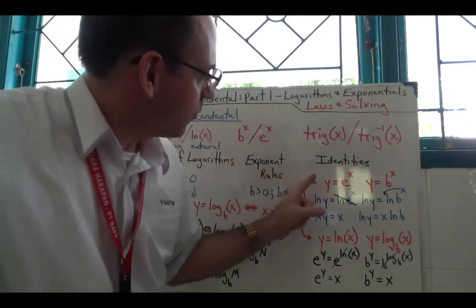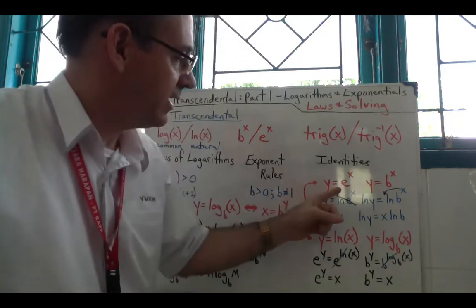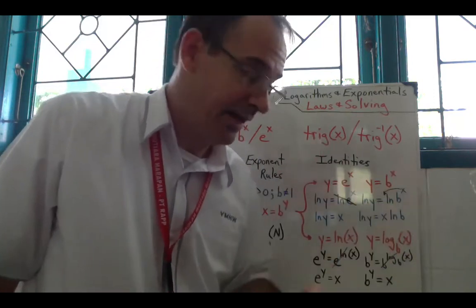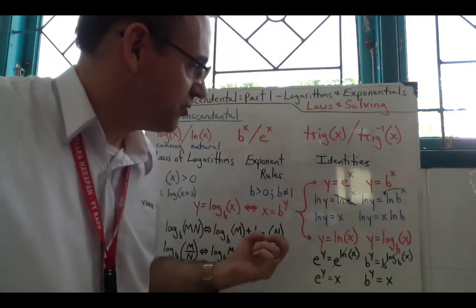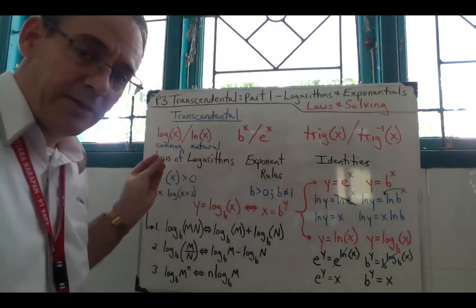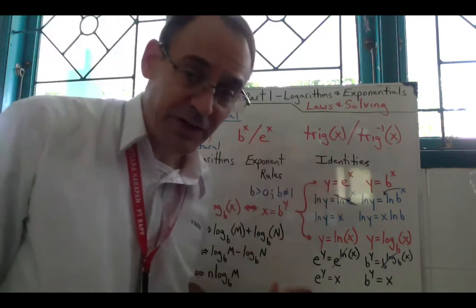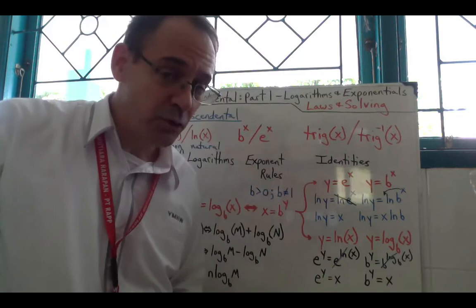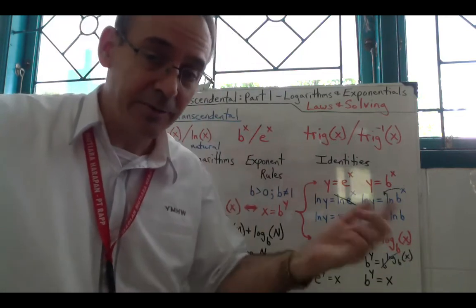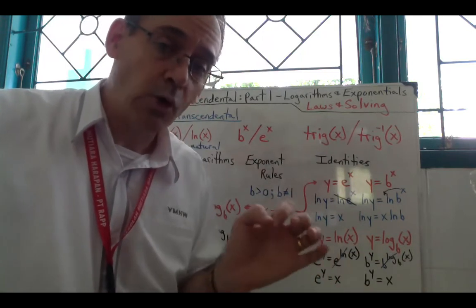Up here, we have 2 different examples of exponentials: y equals e to the x, and y equals just any base to the x. To cancel an exponential, you need to take the logarithm of the same base of both sides. You can actually take any logarithm of both sides, but if it's of a different base, it won't cancel.